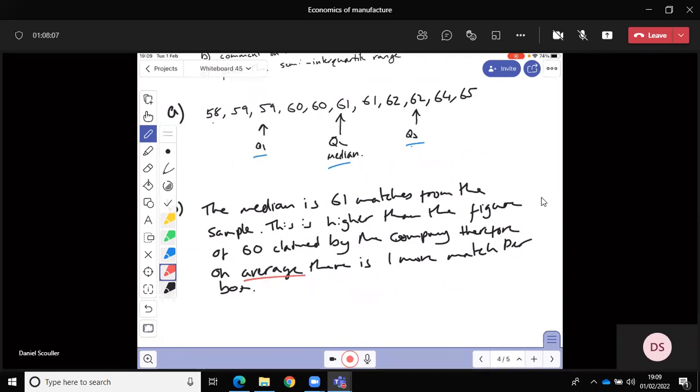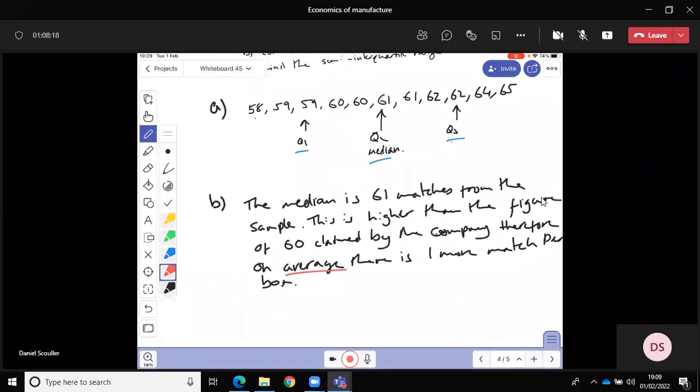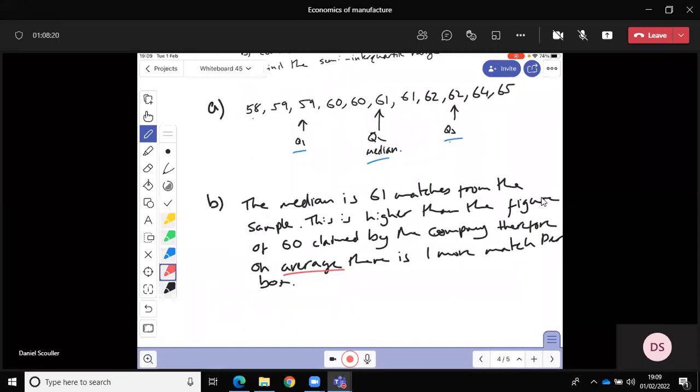The question asks about an average, you've stated matches, you've stated everything you need to. A lot of writing there, but it gives the examiner everything that they want.